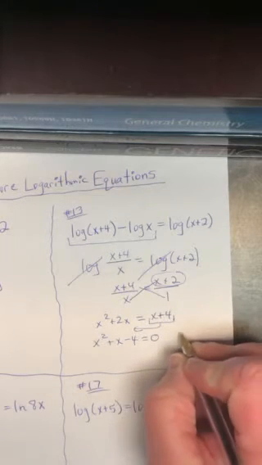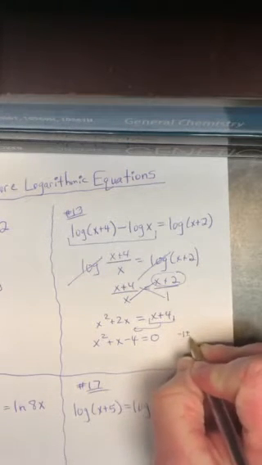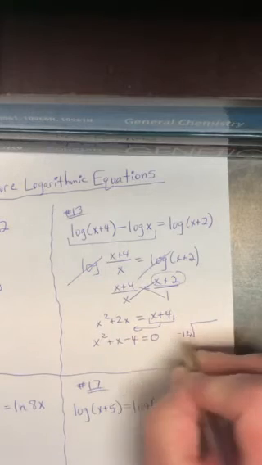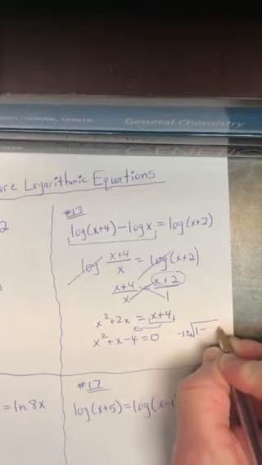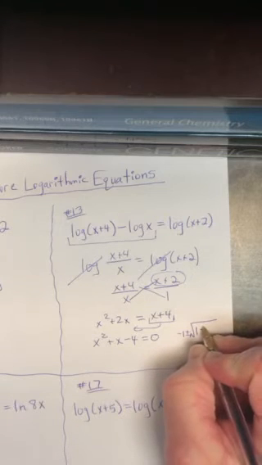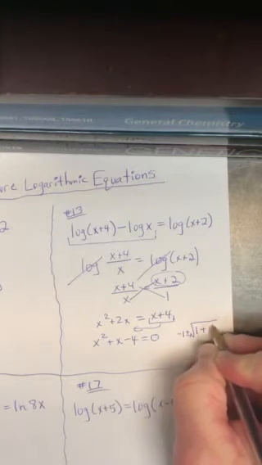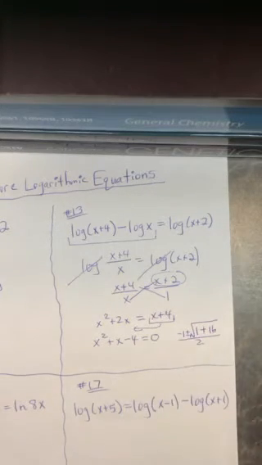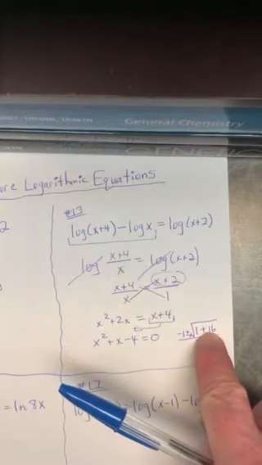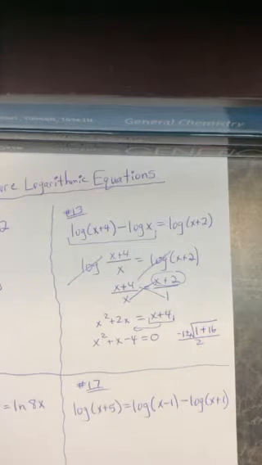So negative B would be negative 1 plus or minus the square root. B squared would be 1. Minus 4 times 1 times negative 4, stay with me, is really plus 16, all over 2a, which is 2. Obviously, that's the square root of 17. So on my calculator, when I hit the square root of 17, I get 4.1.